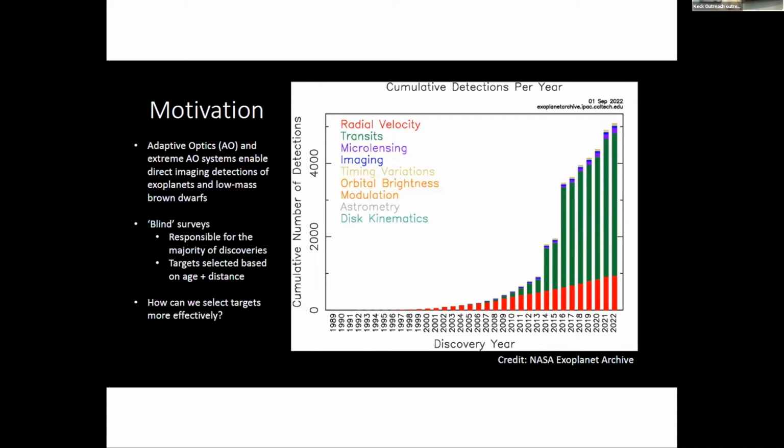And the majority of these have been the result of what we call blind surveys, in which you basically look at a star just because it's there, and you see if you can see an exoplanet around it. And while this method is responsible for the majority of discoveries so far, the success rate is fairly low, something around a few percent around FGK-type stars. And so we ask ourselves, how can we select these targets more effectively?